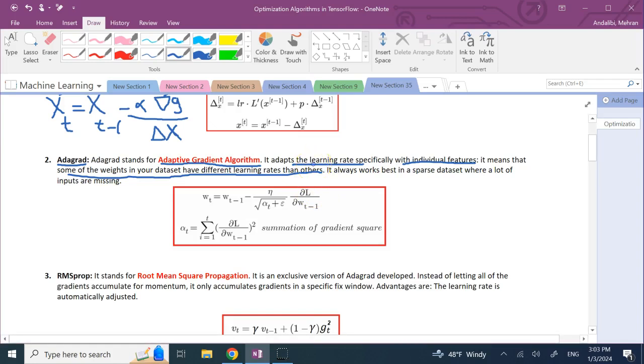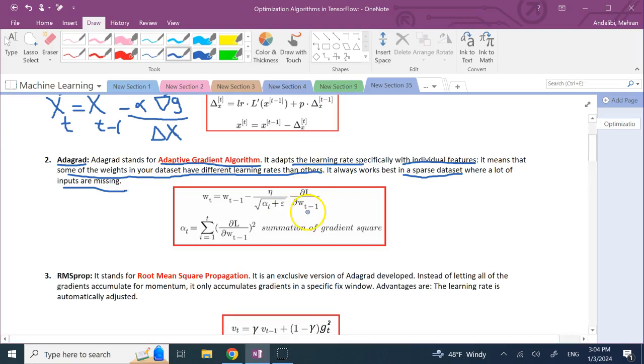And this could be really useful, especially when you're dealing with sparse data sets, where a lot of inputs are missing, and so some of your weights could update very slowly, so they might benefit from a larger learning rate. Some of them are changing much faster, so you might reduce the learning rate on them so they don't start overshooting.